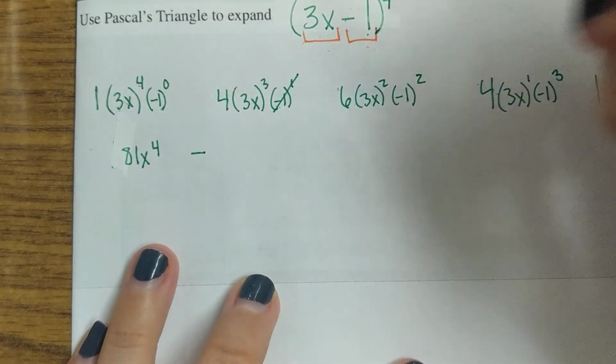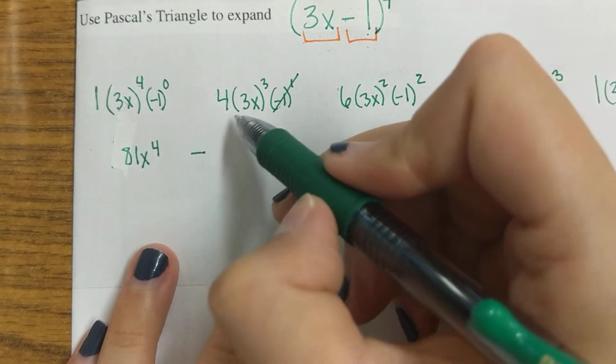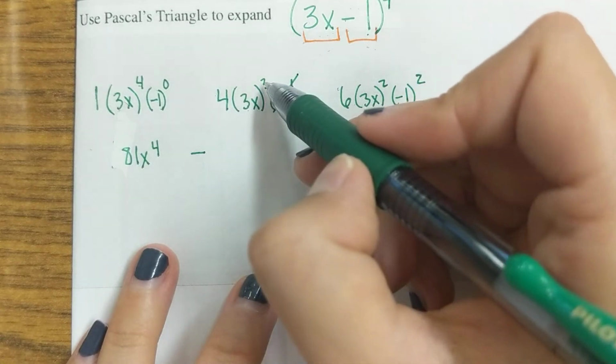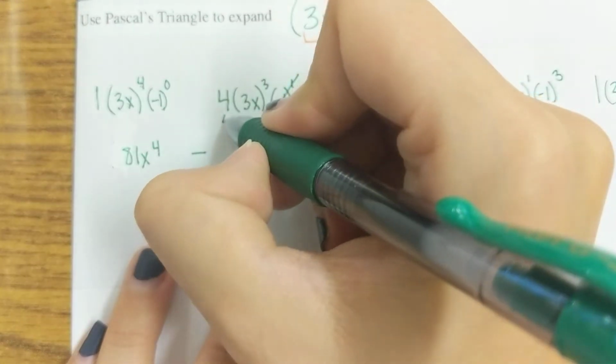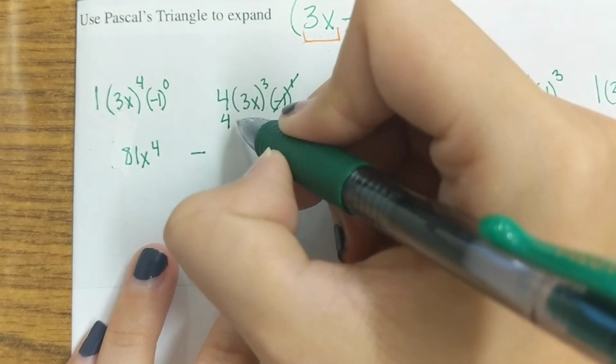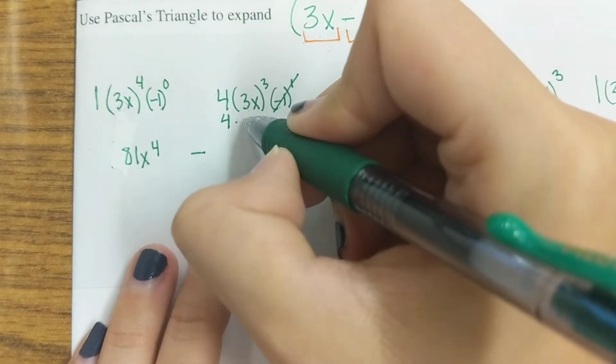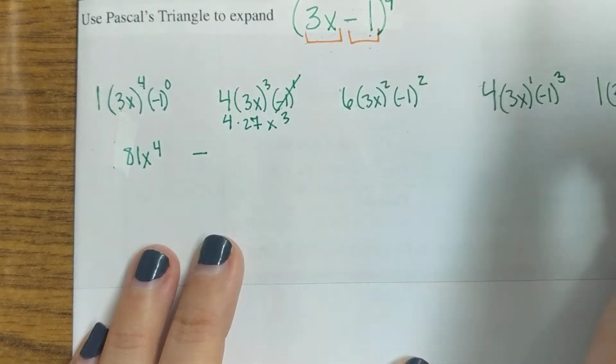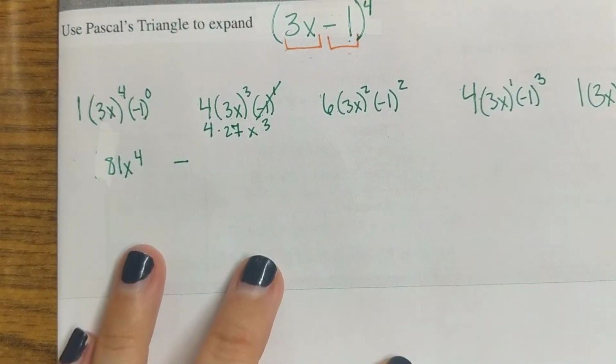And now I'm going to cross it off just because I took care of that negative. Now I have 3x is to the power of 3. So I have 4 times 3 to the power of 3 is 27 x cubed. Maybe I'm going through too many steps at once. So let's write that out. Let's write this 3 to the 4th times x to the 4th.